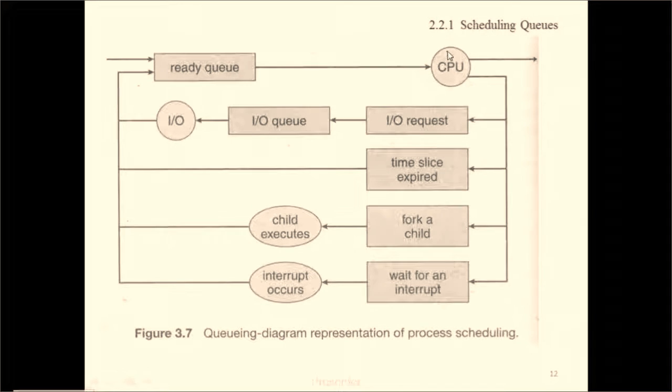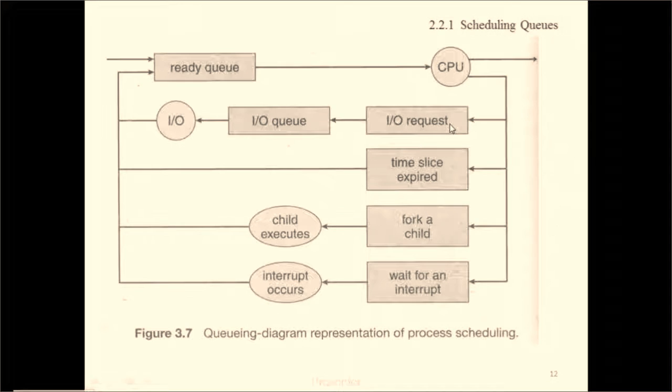Now from the CPU, in execution, there are a number of possibilities. One, it might say that I am done, and goes out of the system. In other words, the process may be terminated for natural cause or otherwise. Or while running, the process may demand some I/O, that is, it puts in an I/O request.